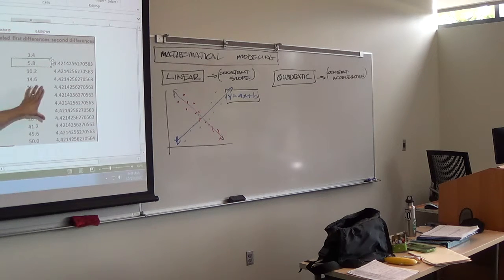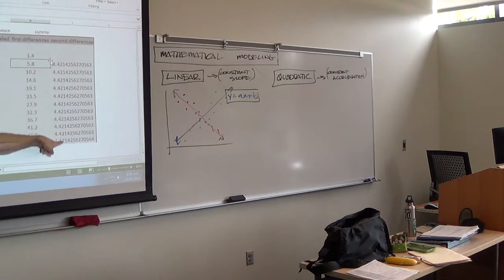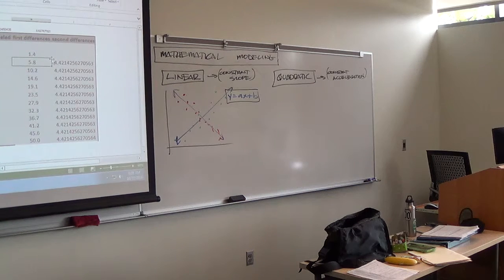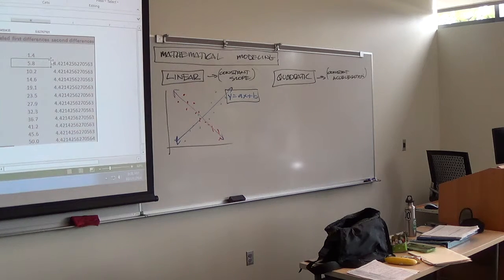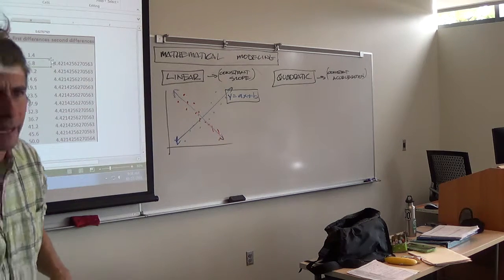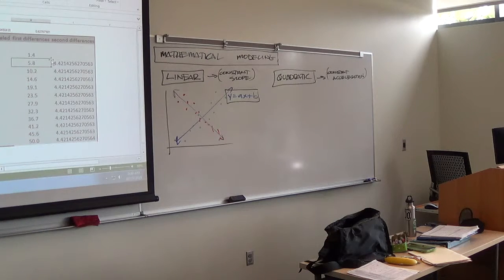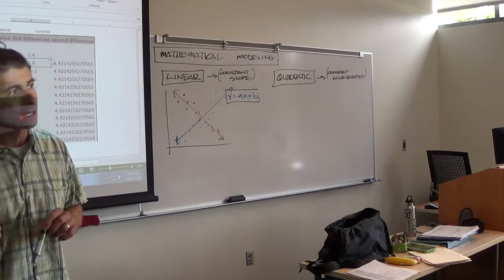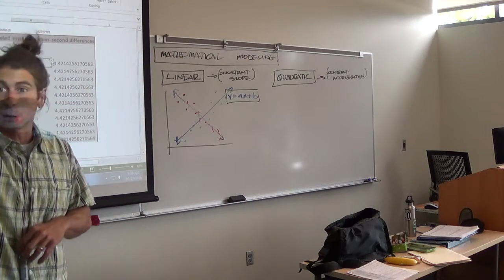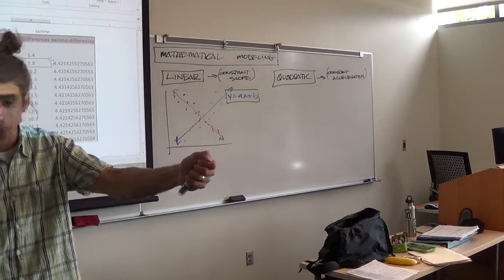So that's what this is showing you. This is the idea of acceleration, and the acceleration due to gravity is consistent. It's predictable. Have you ever been with somebody in the woods? Maybe you haven't, but if you watch Bear Grylls on TV, he can figure out how tall a cliff is by dropping a rock off and listening to when it hits the ground, if you can time it.